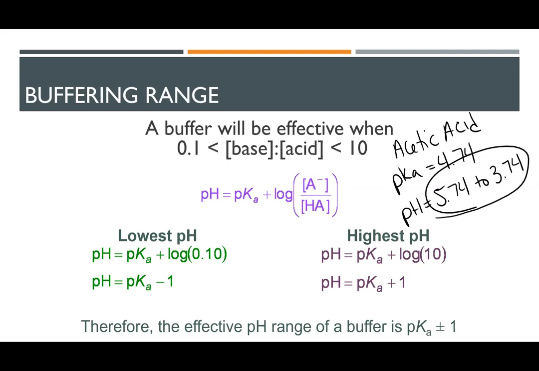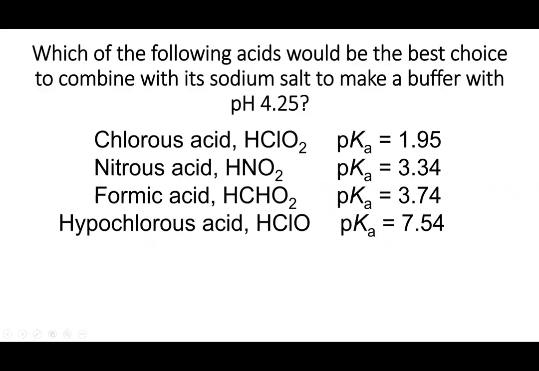Another way that I can ask this, which I'm going to do on the very next slide, is I could say the pH of a solution is this. Pick the best buffer. So let's just look at an example. Which of the following acids would be the best choice to combine with a salt to make a buffer with a pH of 4.25?